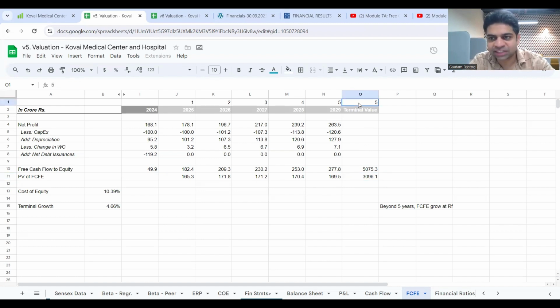You don't take 6 or 11. Don't do that. In fact, a lot of interviewers ask this question: how do you discount your terminal value? Do you use forecast period plus 1, or do you use just the forecast period to discount?